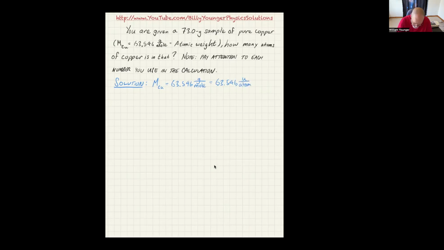So what I'm going to do is take my sample, which is 73.0 grams, and this time divide it by the number of atomic mass units per atom, and then of course I've got to convert that number of grams to kilograms, because we have a conversion for u that goes to kilograms or grams.